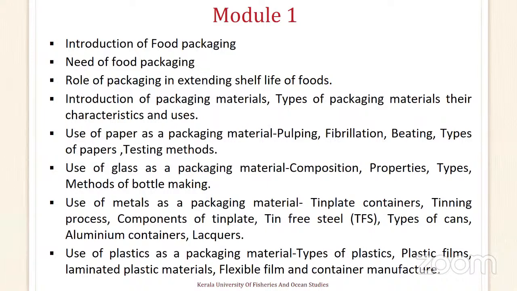And it will also have the properties exhibited by packaging materials like glass and metals. Under this category, we discussed different types of plastics, like polypropylene. We have also seen LDPE, HDPE, polystyrene, and polyamide.